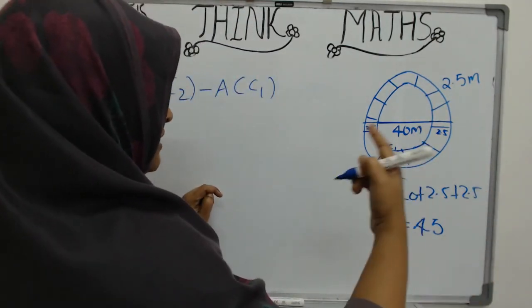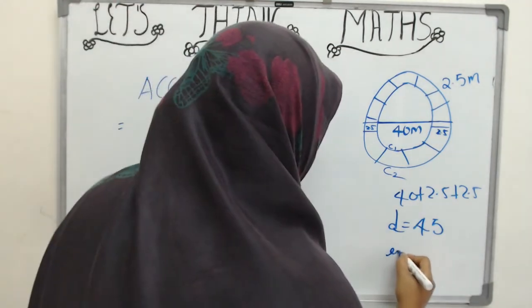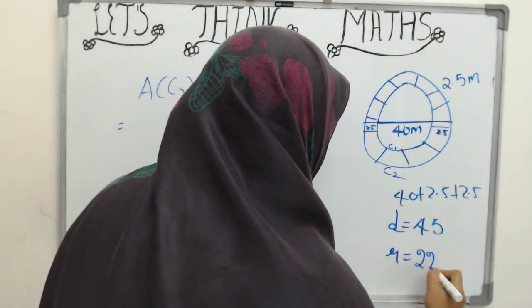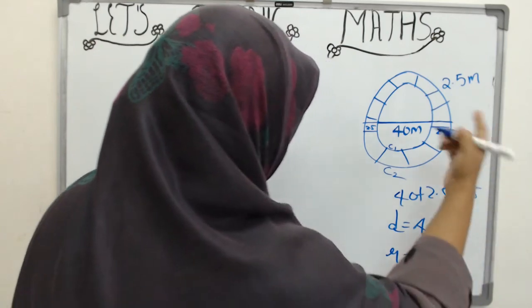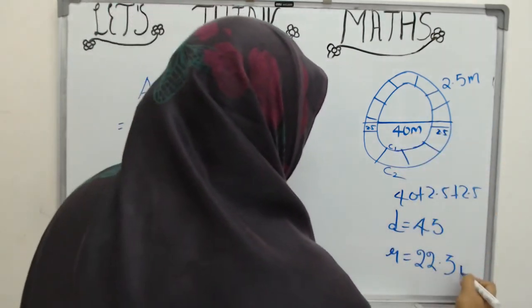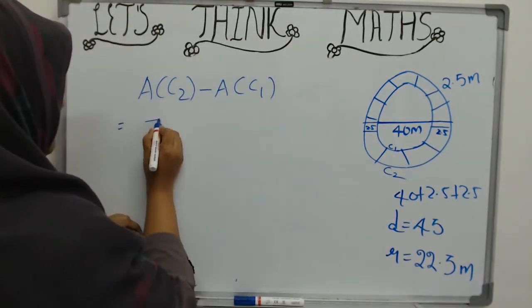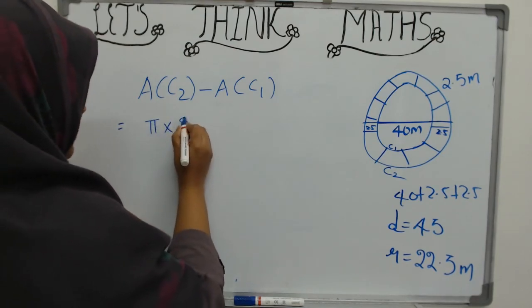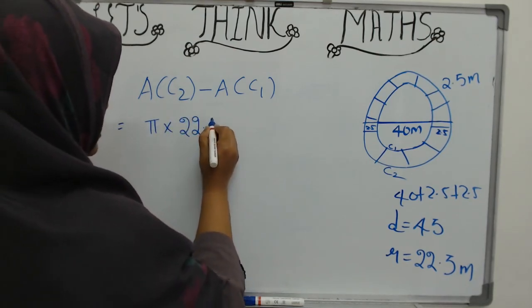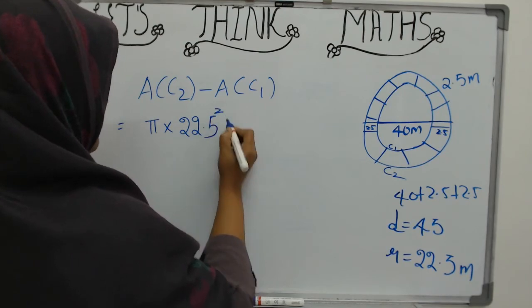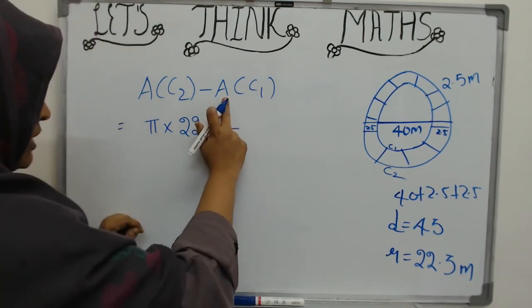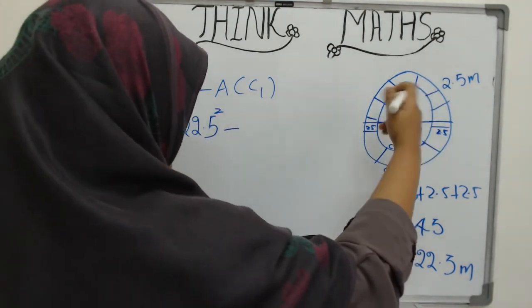You actually need the radius. And the radius will be 22.5. Do not forget this unit. It will be meter. So pi into r square, right? So it will be 22.5 square.